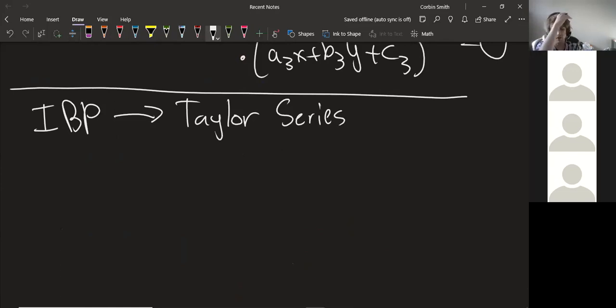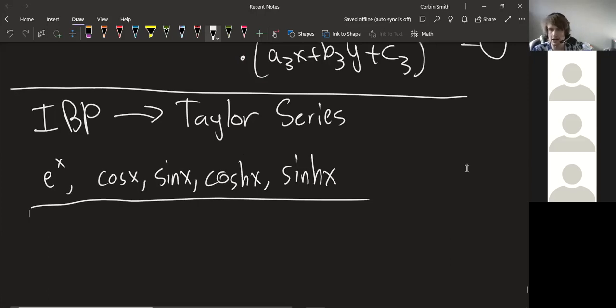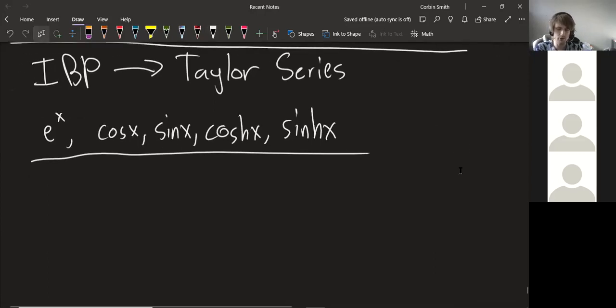And so we were able to get the series for e to the x, cosine of x, sine of x, cosh of x, and sinh of x. And actually, there is one Taylor series that everyone learns way before they ever touch calculus at all.